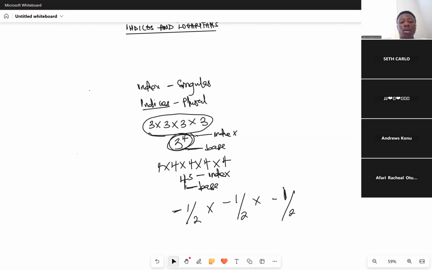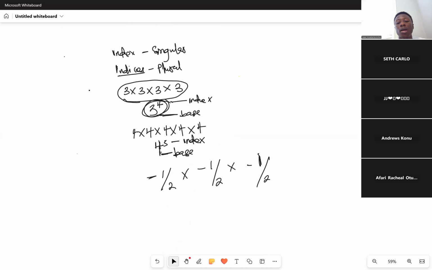So you can represent this as what in indices? Rahel, how can you put this in an index form?